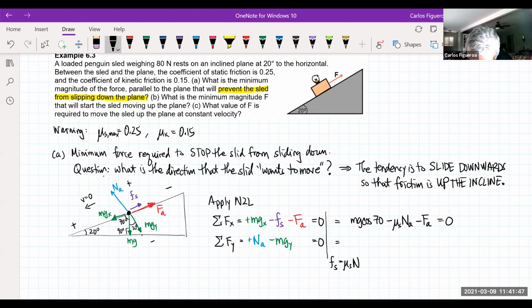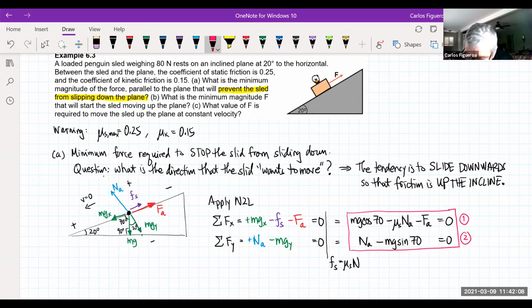And then this one is going to be the normal of A minus mg sine of 70 degrees, and that's equal to 0. So I now have my N2L equations right here. This is equation 1, this is equation 2.